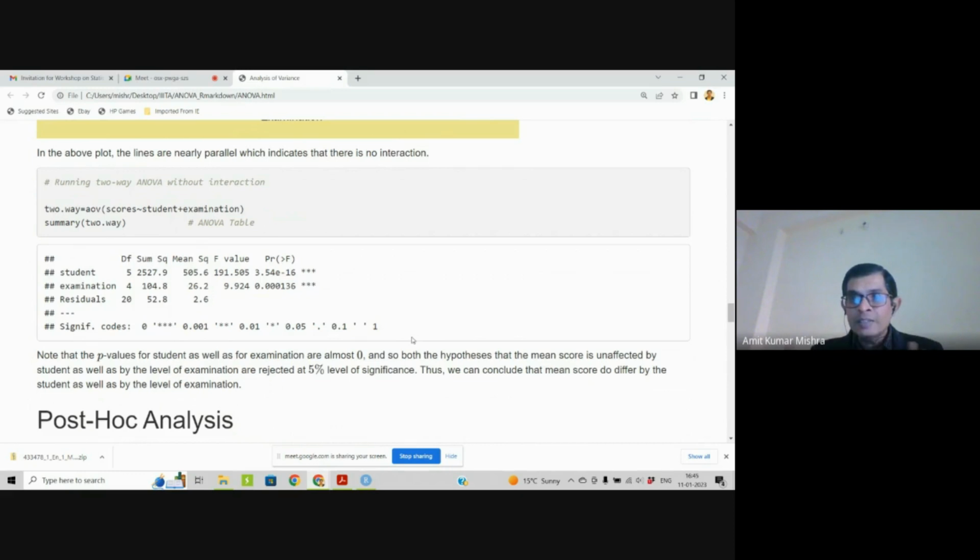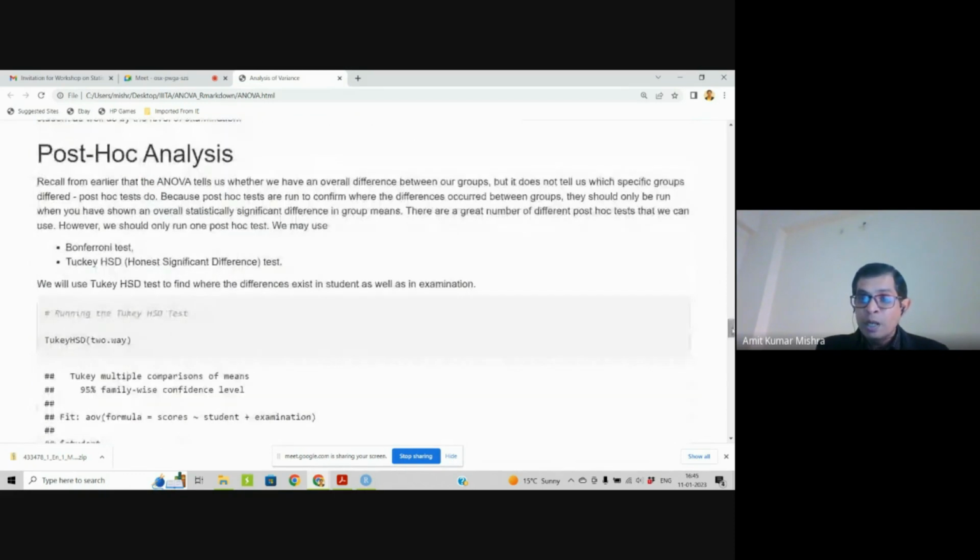Because analysis of variance only tells you there is a difference. It is not going to tell you where the difference is. So for that, we have to perform post hoc analysis. Remember, post hoc analysis will only be performed if there is a difference, because if there is no difference, finding where the difference is would be illogical.